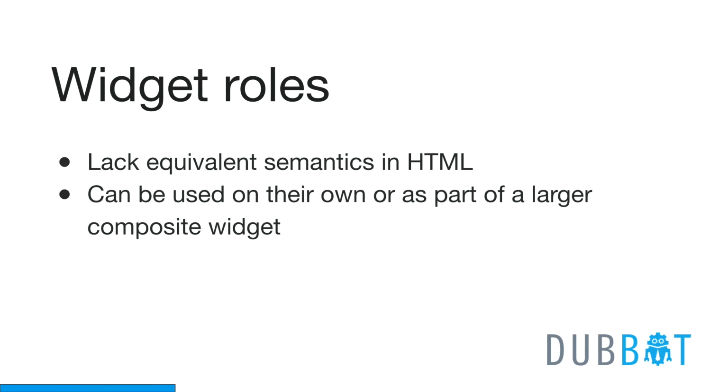Widget roles. Widget roles lack equivalent semantics in HTML, so this is really where you can get deep into using roles within your HTML. They can be used on their own or as part of a larger composite widget. So widgets are really where you're going to be building custom components within your website.